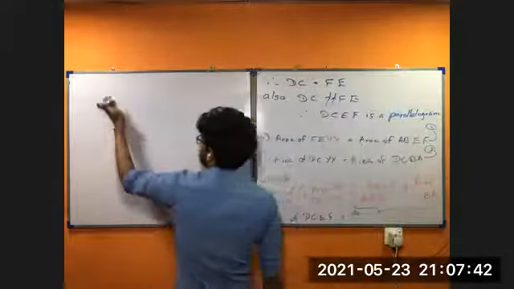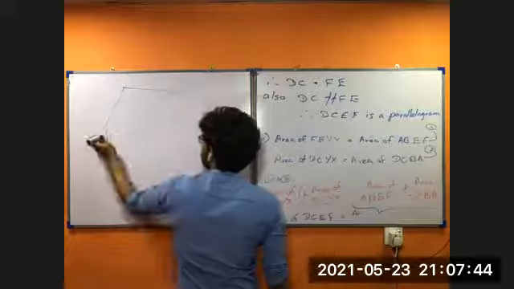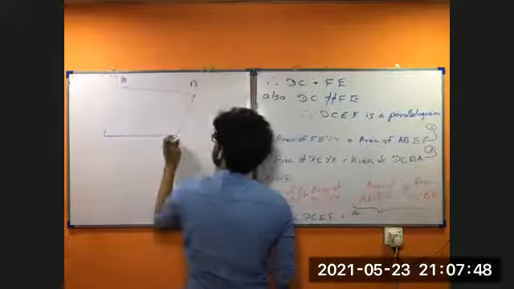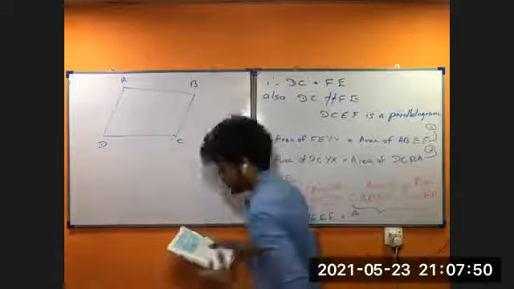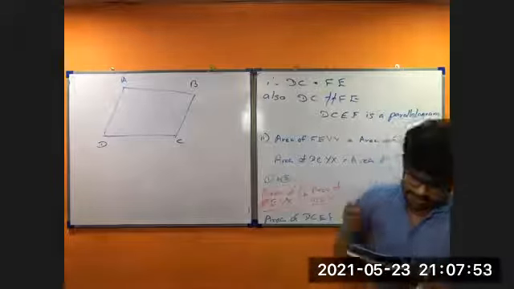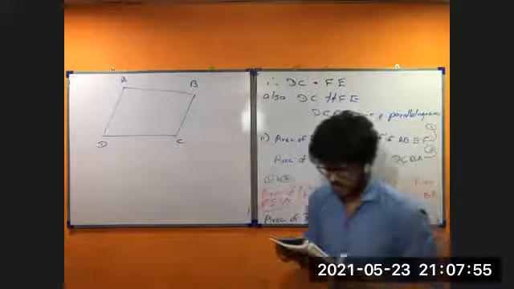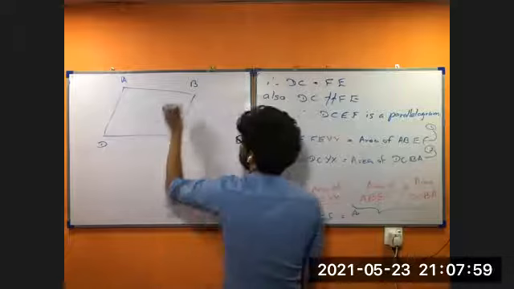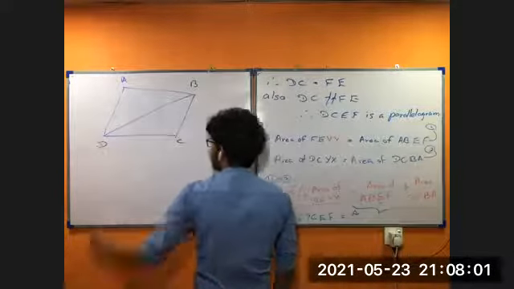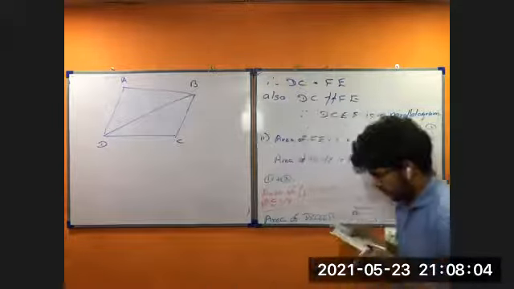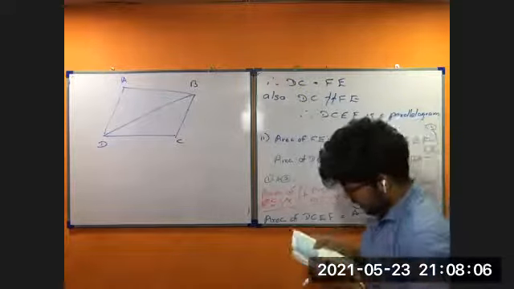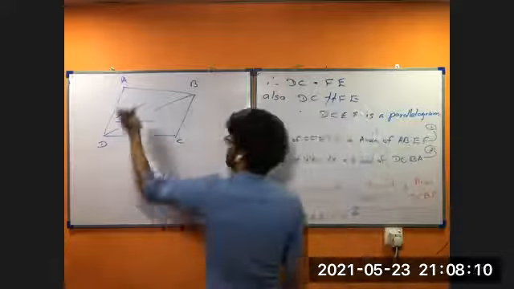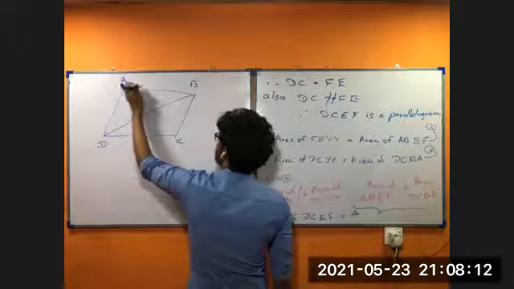Then EF has been drawn parallel to BD. So BD is this line. EF has been drawn parallel to BD such that it intersects AB at E. So here we have E.